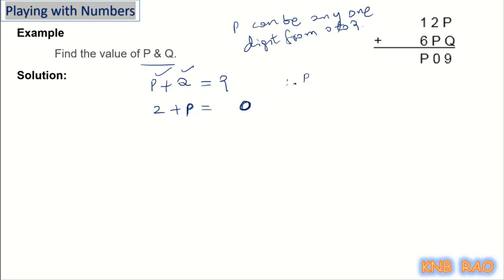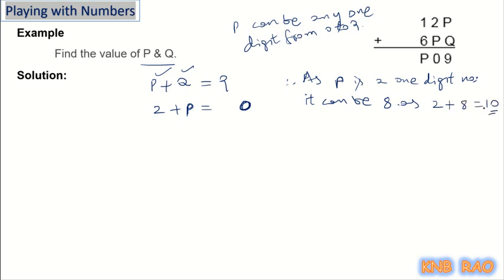Therefore, as P is a one digit number, it can be 8, as 2 plus 8 gives you 10 because it is ending with 0.